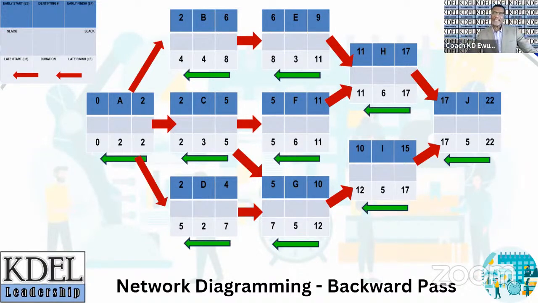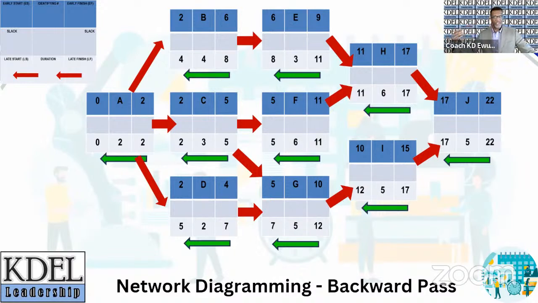So if you start from activity J and subtract 5 weeks, which is the duration of activity J, from 22 weeks, which is the total duration of the entire project, you arrive at 17 weeks. This is the late start.